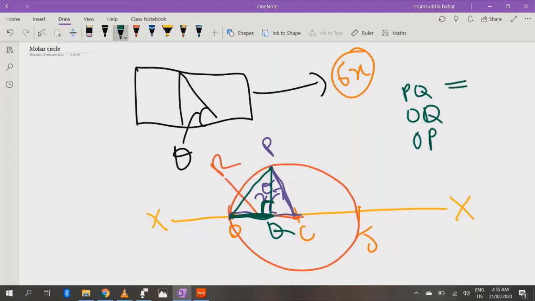In all these cases, PQ will be the shear stress, OQ will be the normal stress, the stress in the normal direction, and OP will be our resultant stress. Okay, so this is for case number 1.